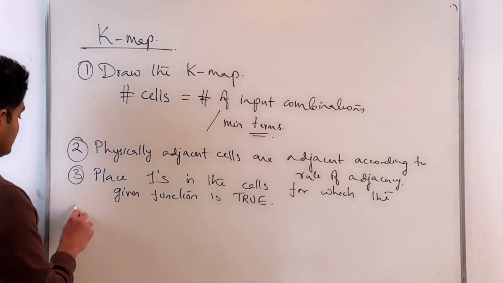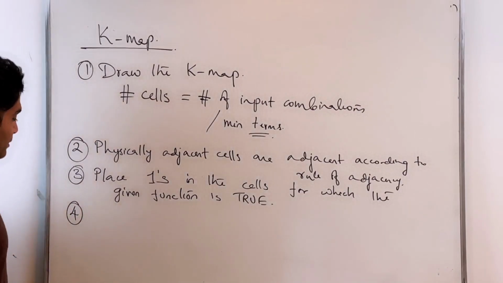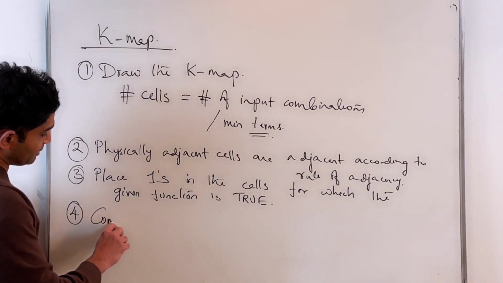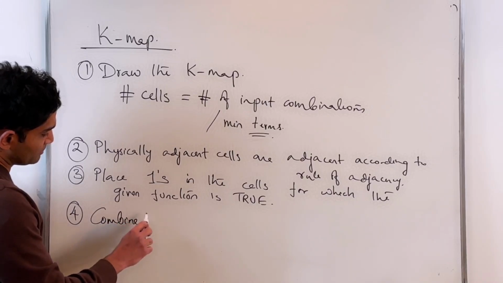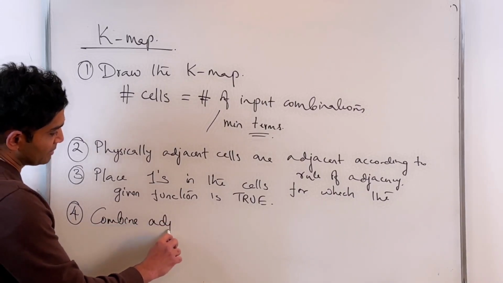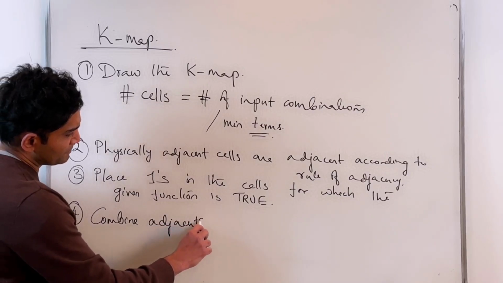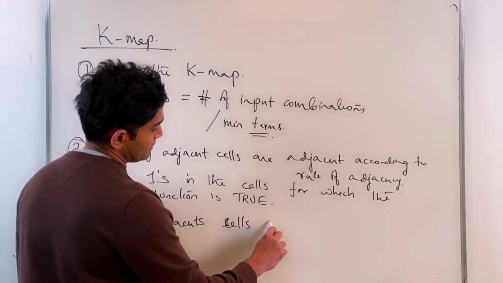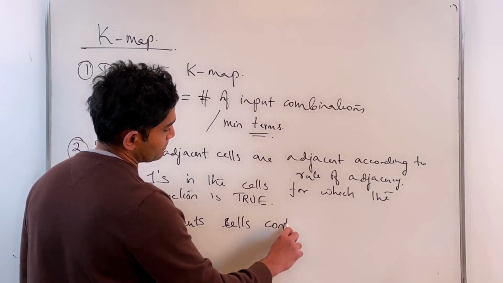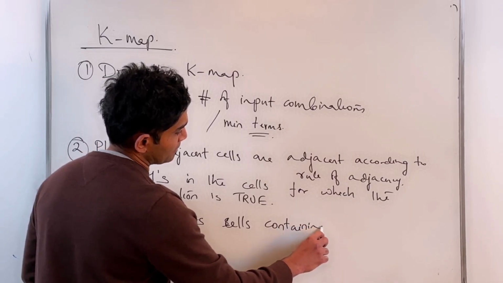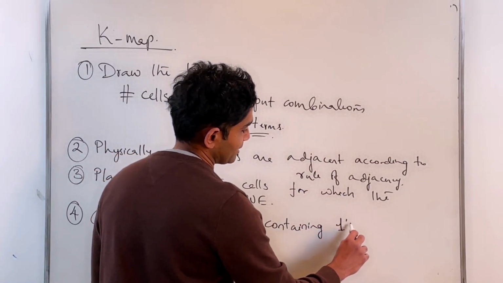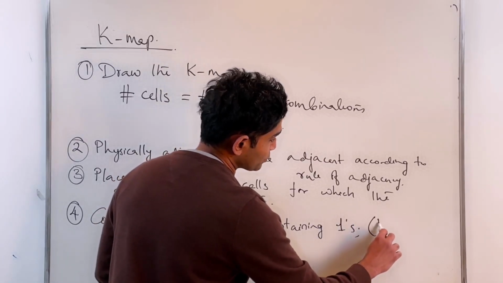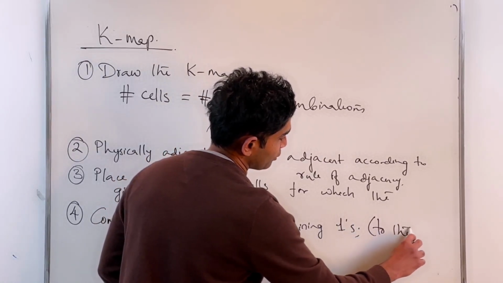All right. Fourth, you combine the adjacent ones. Combine adjacent cells containing ones to the largest possible combination.